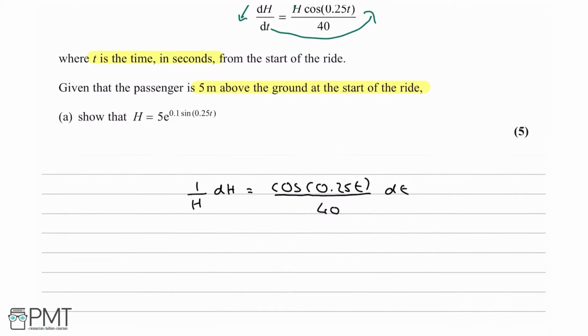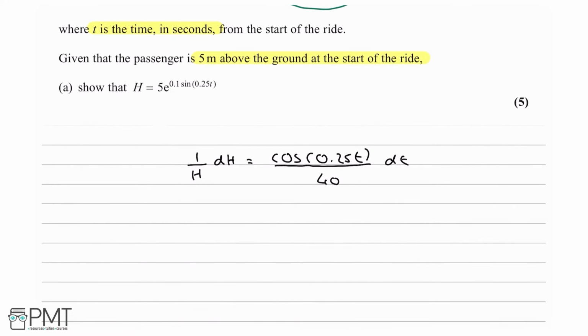Next, we are going to use the rule that if a times dx equals b times dy, then the integral of a dx equals the integral of b dy, where a and b are functions or constants, whatever the case may be, just something before the differential.